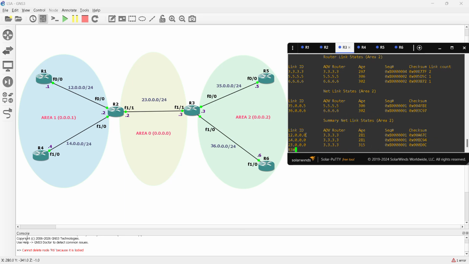Yes, we have 12, 14 and 23, right? Generated by who? R3, as R3 has overwritten R2's router ID with its own router ID.